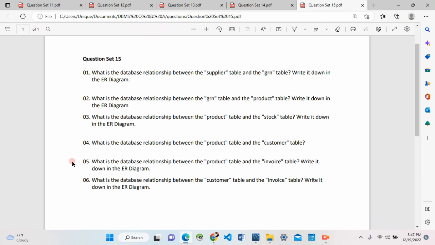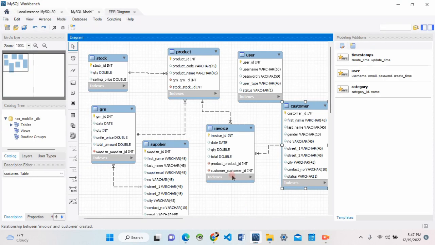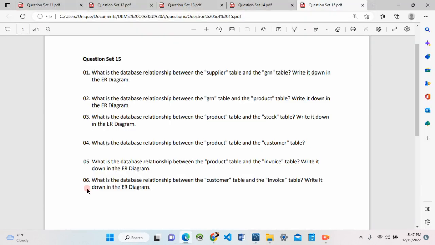Fifth question: what is the database relationship between the product table and the invoice table? Write it down in the ER diagram. Here we create the relationship between the product and invoice tables. This is the product table and this is the invoice table, and this is the relationship, a one-to-many relationship. And what is the sixth question?